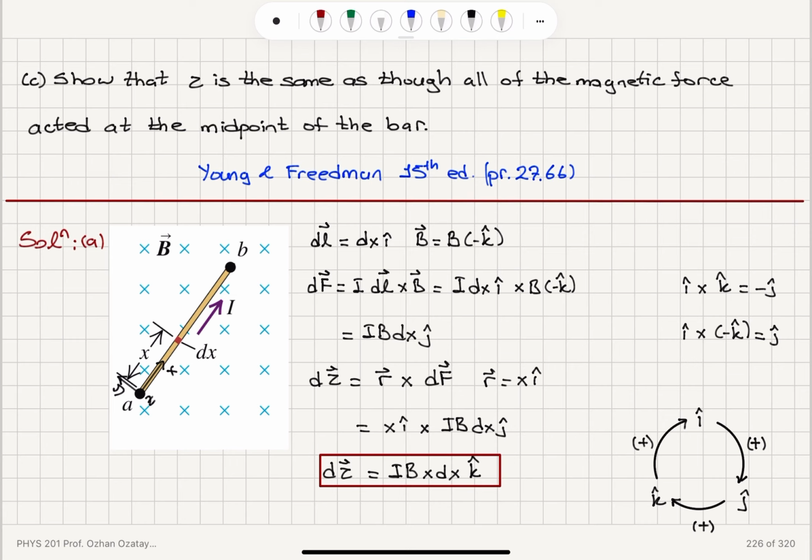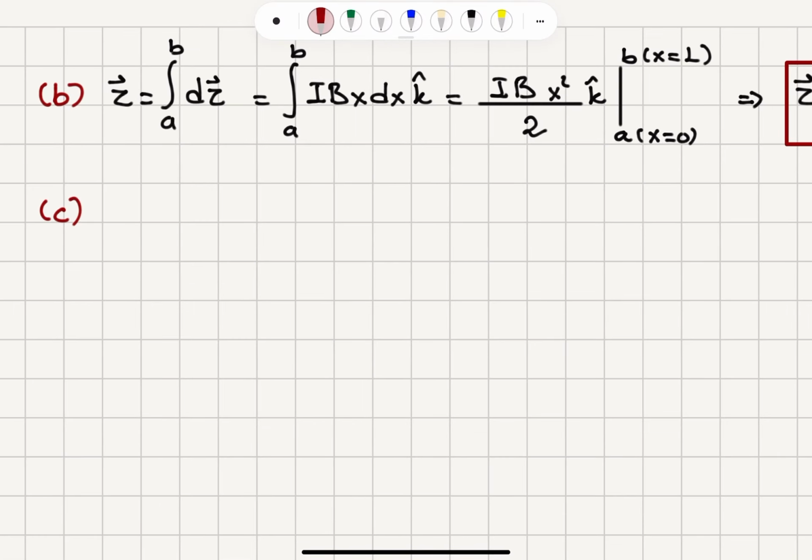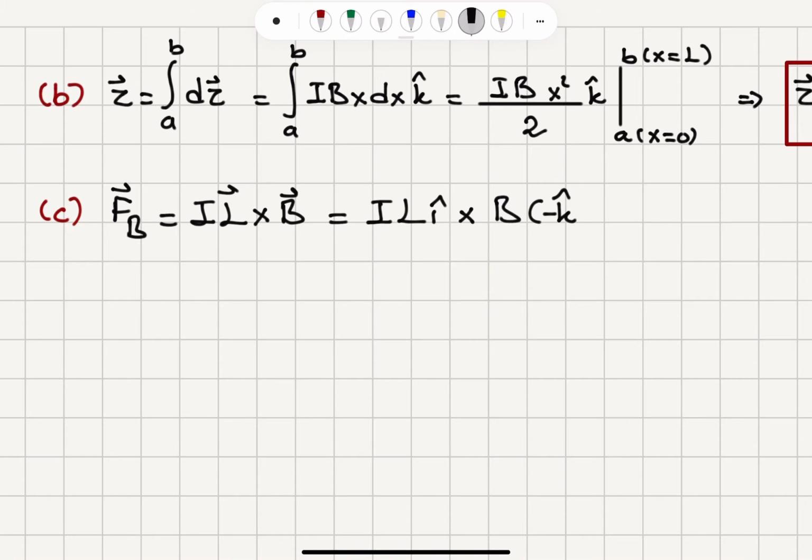So part C, show that tau is the same as though all of the magnetic force acted at the midpoint of the bar. If all the force acts on the midpoint of the bar. Okay. So the magnetic force is equal to I L cross B. Now this is I L i hat cross with the magnetic field in the minus k hat direction.